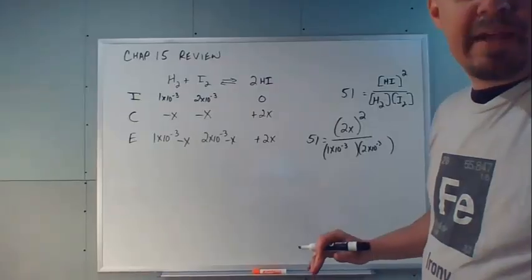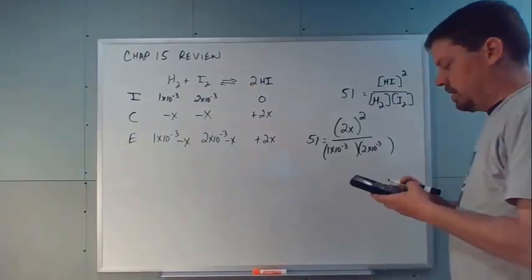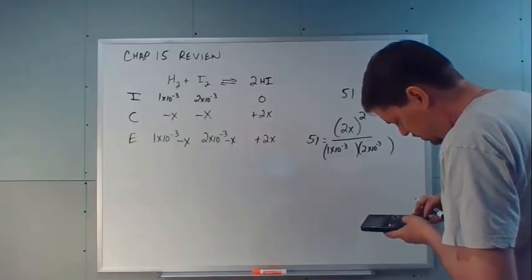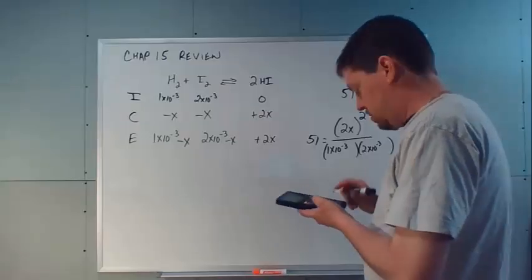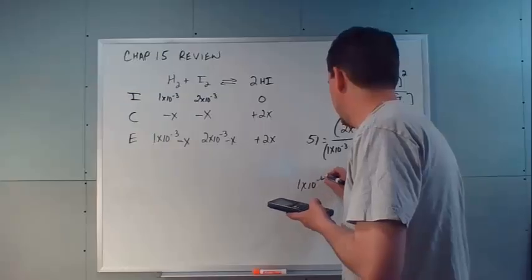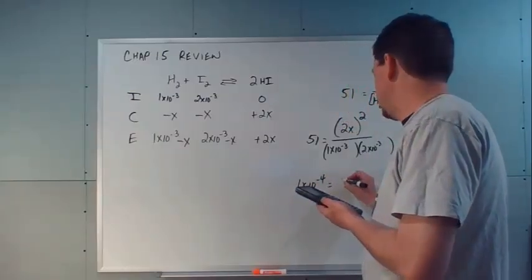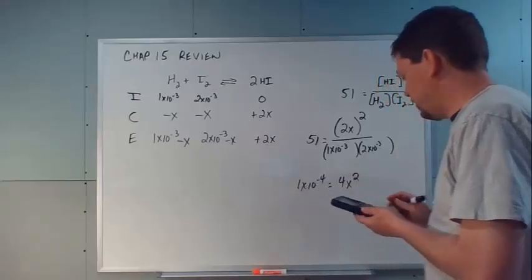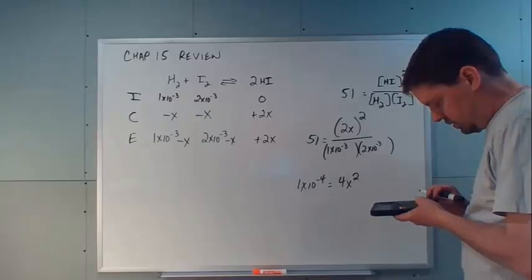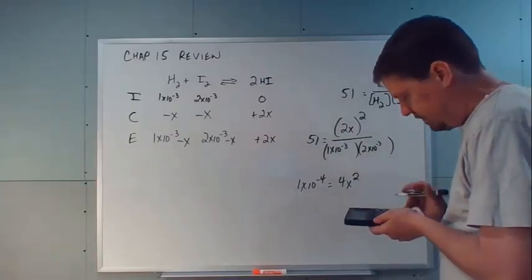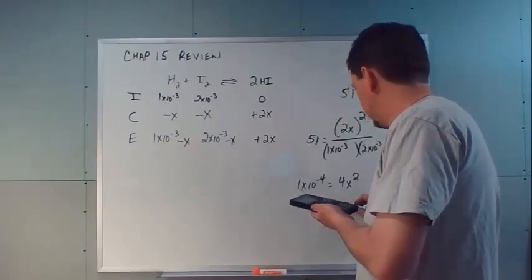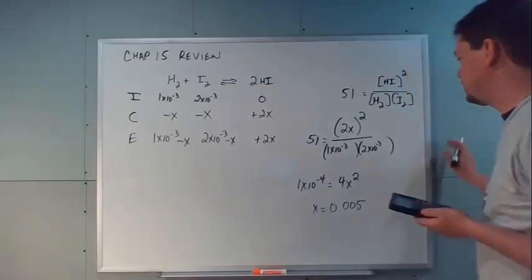But if we go and do this math then, I get 1 times 10 to the minus 4 is equal to 4x squared divided by 4, take the square root, and I get x is equal to 0.005.